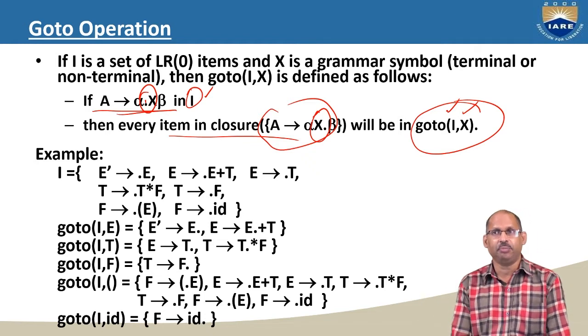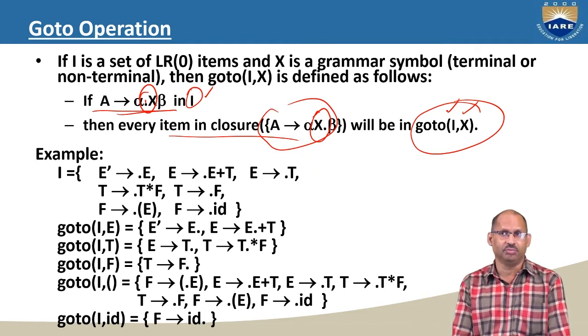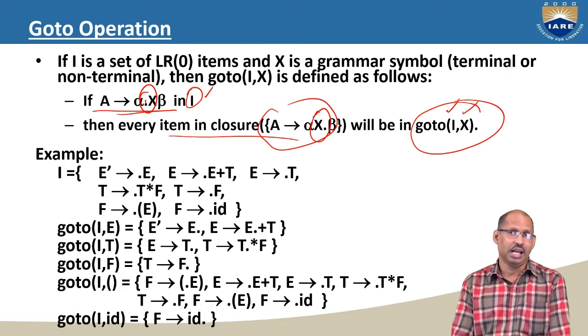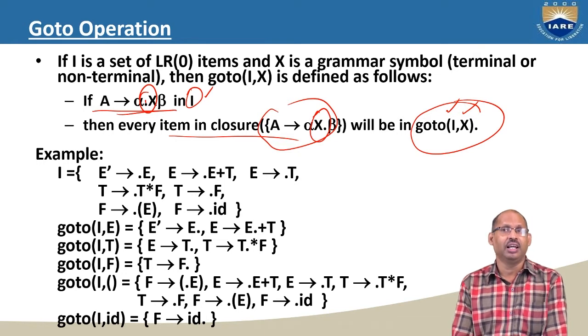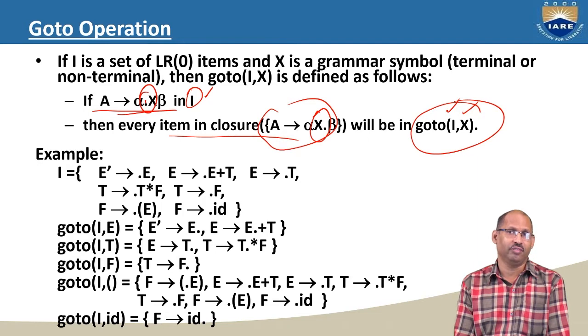If beta is a terminal, we simply stop there. But if beta is a variable, then we follow the rules of closure of productions and complete the closure of I. We add all the productions to this closure.